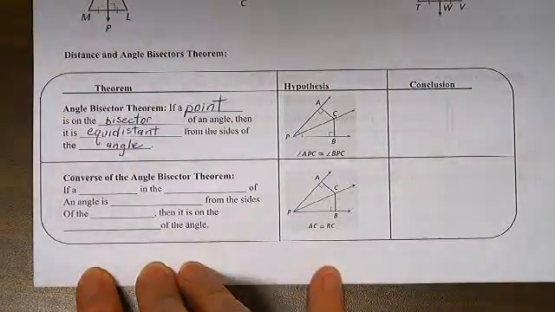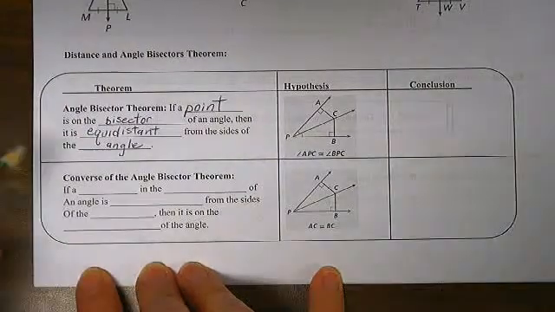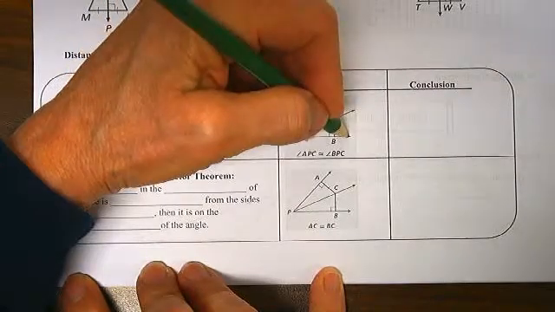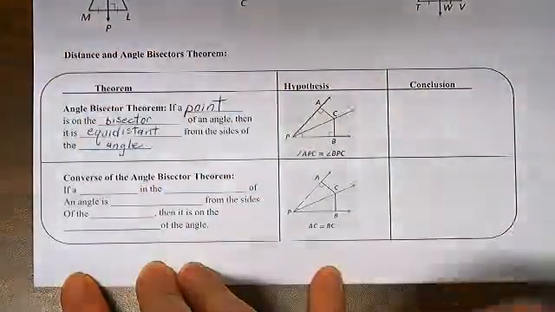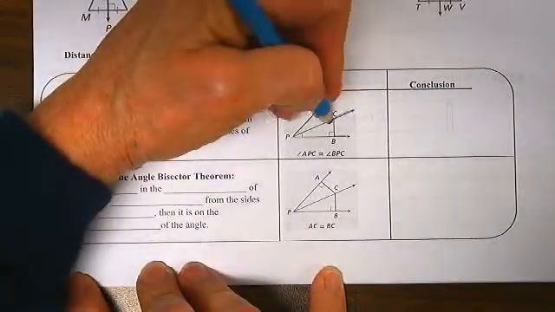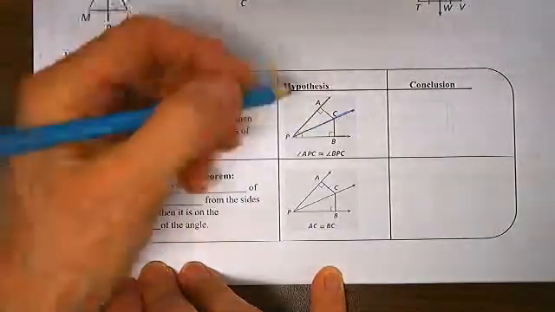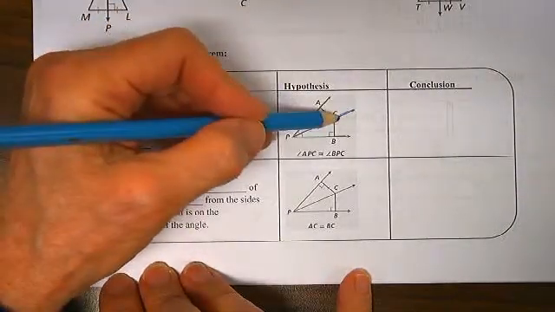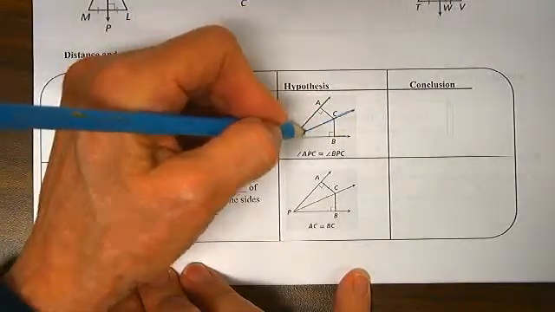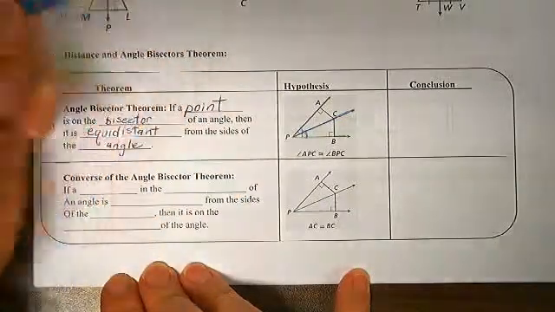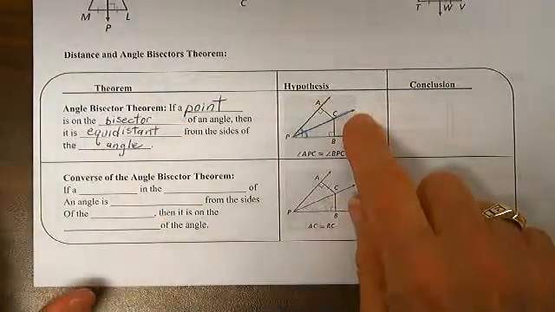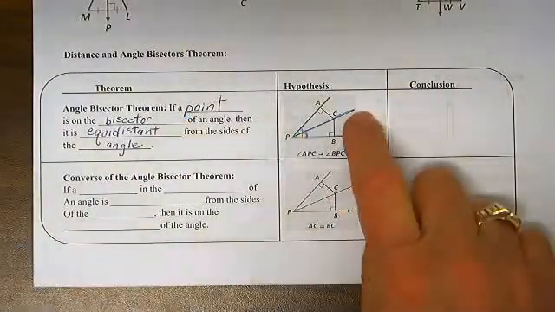Okay, what does this mean? This means that if we have an angle that is bisected, cut in two, remember bisected means two equal parts, so angle APC is congruent to angle BPC, then point C is on that bisector.